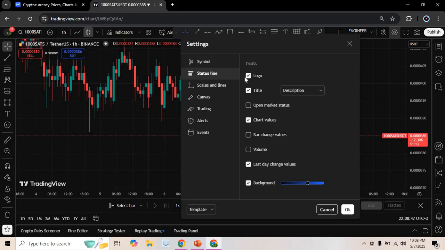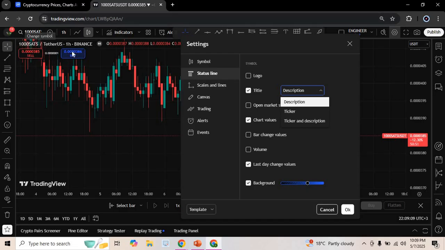If I don't want the logo to appear, what do I do? Uncheck that. So if I uncheck that, it disappears. If I don't want the title to be there, this whole title, 1,000 sats, Tether USDT, 1 hour Binance, all that, I come and check that from that point. But remember, I can decide to have a brief summary of this.